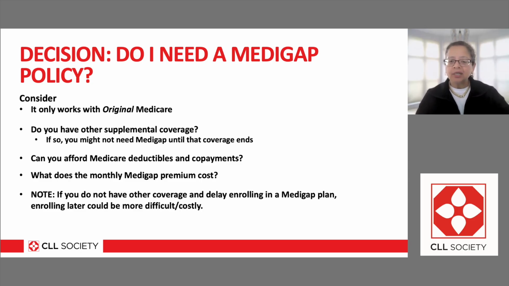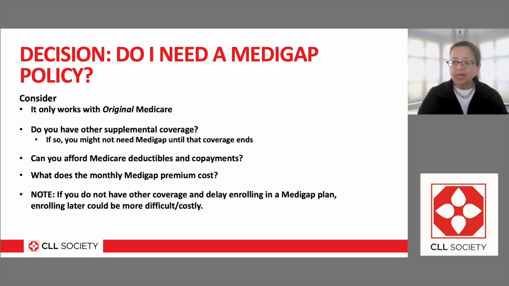Original Medicare, and we'll talk about this in a bit, costs a bit more than Medicare Advantage. And so if one reason you're not buying an original Medicare plan and going into a Part C or Medicare Advantage plan instead is cost, one thing you can do is buy a Medigap policy to help pay for those costs in original Medicare that you have out of pocket.